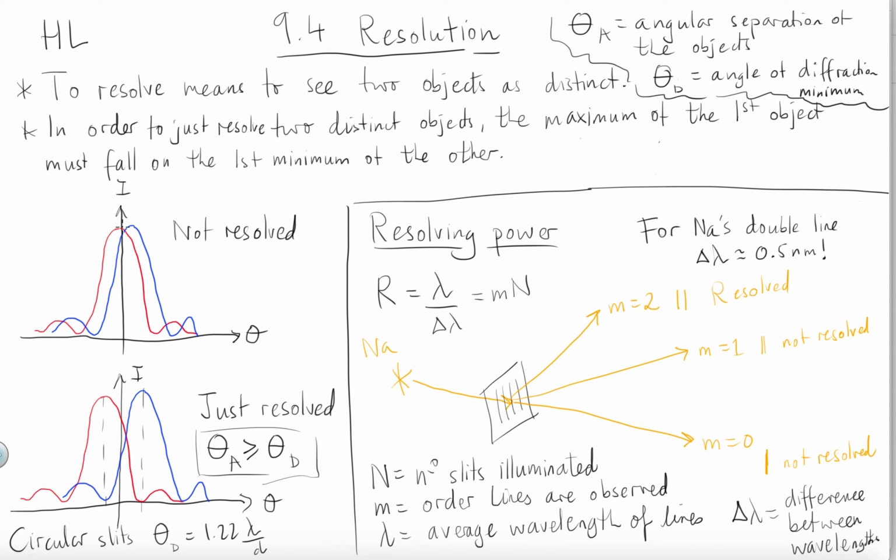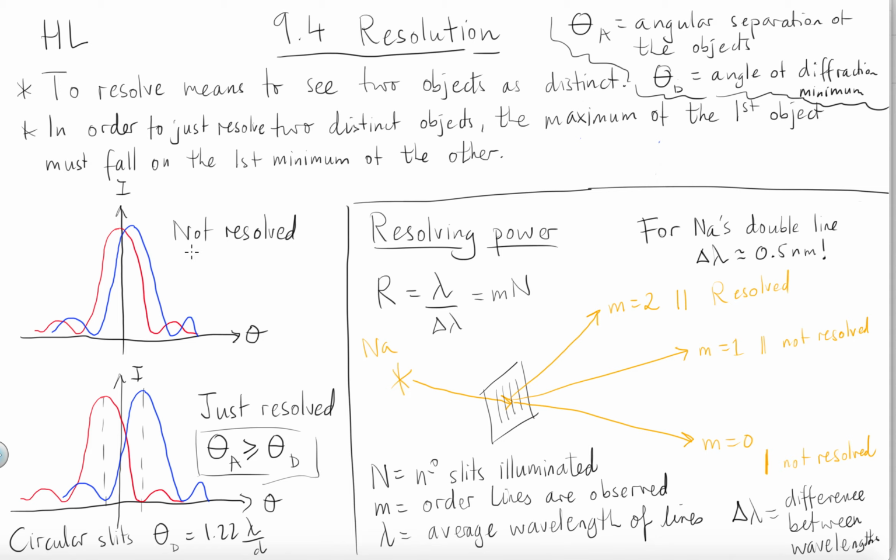the other. So here we have the intensity angle pattern for two distinct objects which have been diffracted through the same single slit or aperture, and you see here that the single slit pattern of the red is very close to, or the two maxima for the red and the blue are very close.